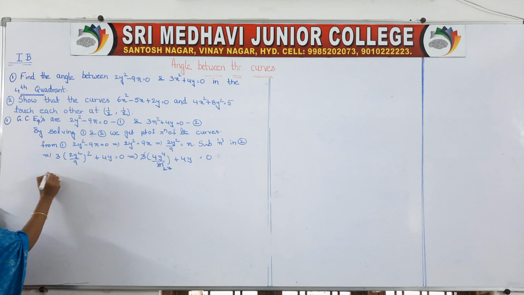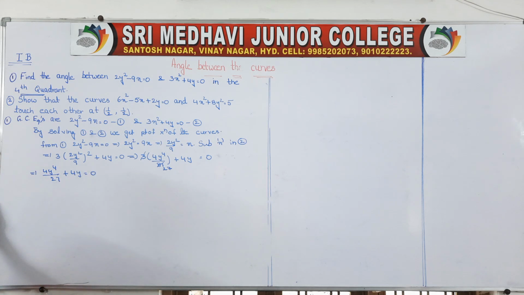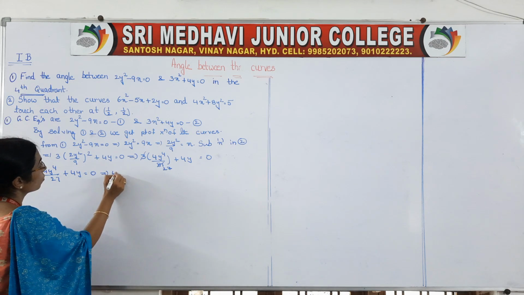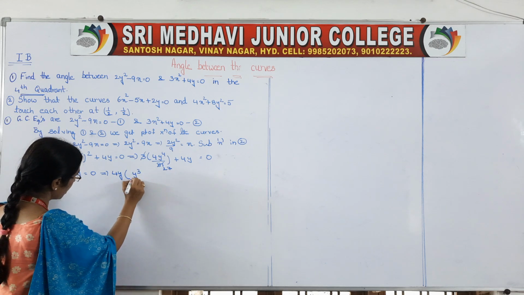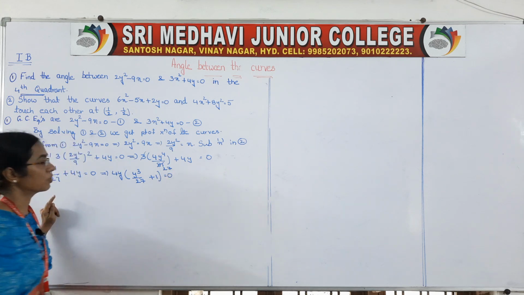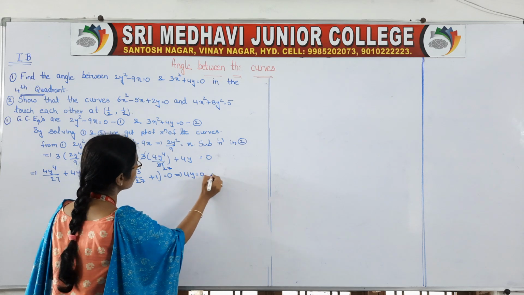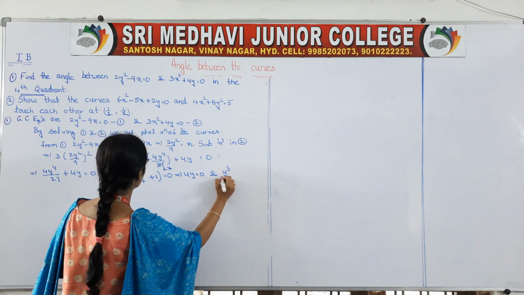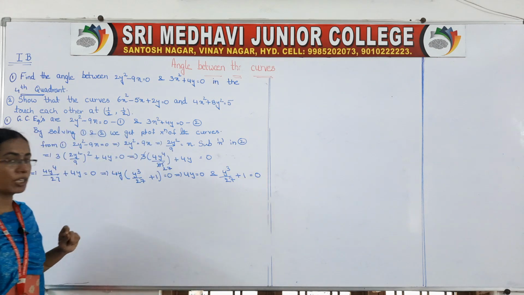Now you have your equation as 4y to the power of 4 by 27 plus 4y is equal to 0. Take 4y outside, then you will have y cube by 27 plus 1 is equal to 0.